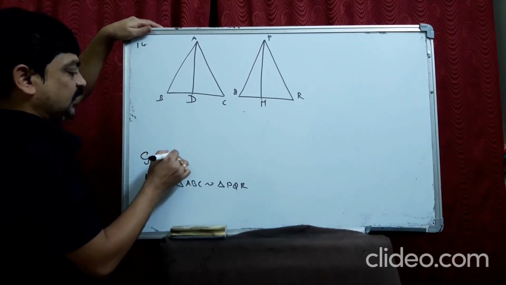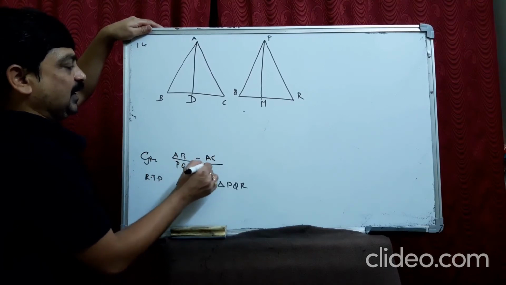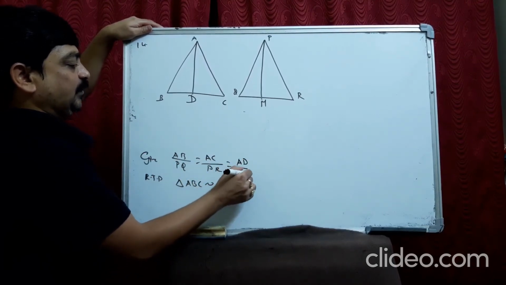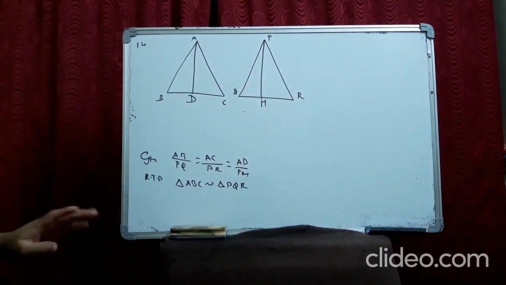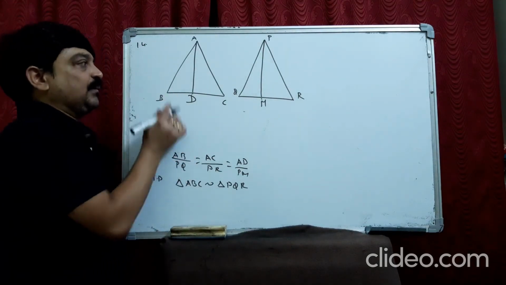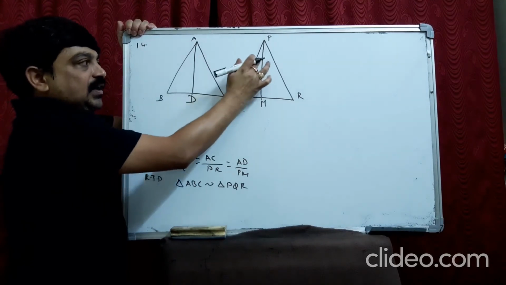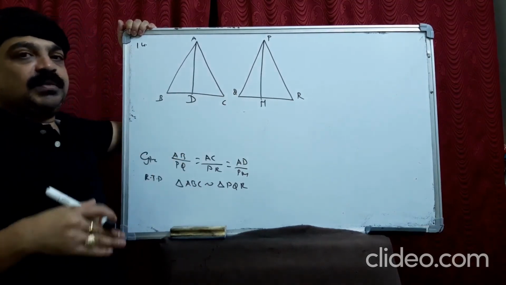Given AB by PQ is equal to AC by PR is equal to AD by PM. Then we have to prove that triangle ABC is similar to triangle PQR. The same thing we did in the 12th question, but the sides are different there. There, this side and median are proportional, so it was a little easy.